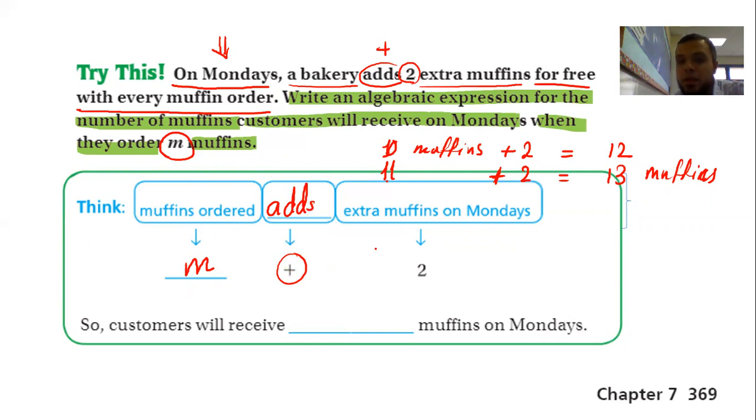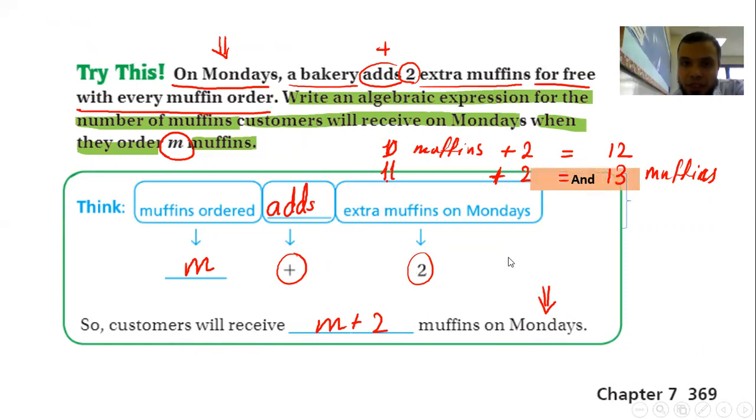Yes. What should I add to my order? 2. The bakery offer is M plus 2. M here is your order plus extra 2. So the customers will receive M plus 2 muffins on Mondays, especially on Mondays. Okay? Do you understand it?